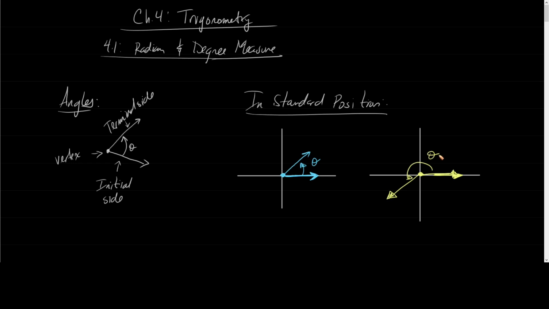In both of these cases, our angle theta is a positive angle. It is greater than 0. The reason is that from our initial side, we are going counterclockwise. So counterclockwise denotes a positive angle.